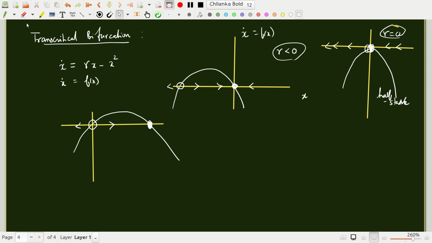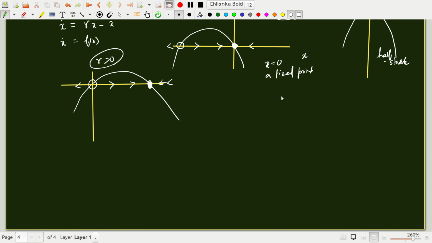What I forgot to draw properly was that this is always x equal to 0. I mean x equal to 0 is always a fixed point. Whether it's stable or unstable depends on r. So here x equal to 0 was stable, half stable. Now for r greater than 0, x equal to 0 becomes unstable, whereas the other fixed point becomes stable. This is the hallmark of a transcritical bifurcation, wherein you have two solutions.